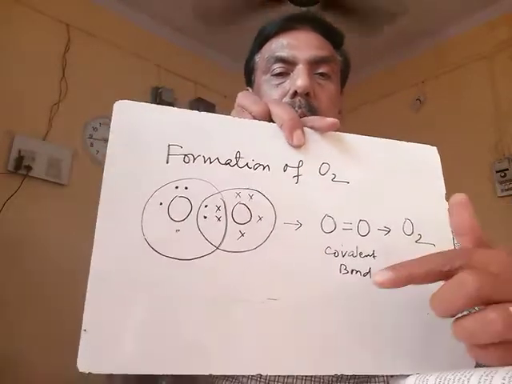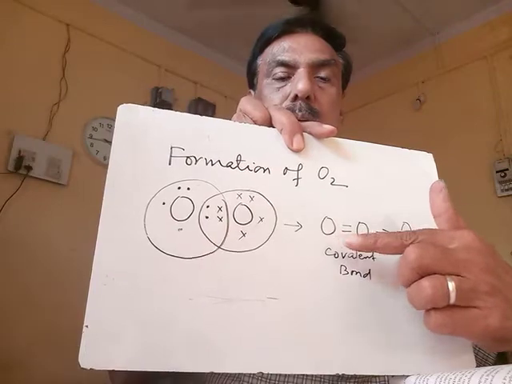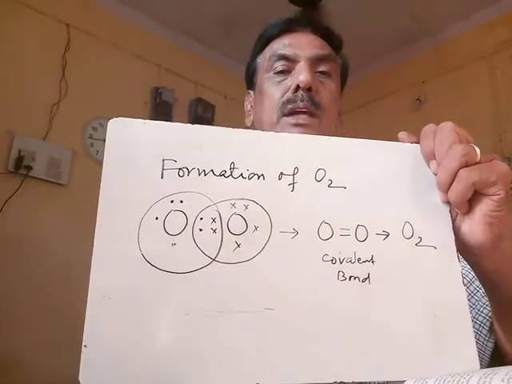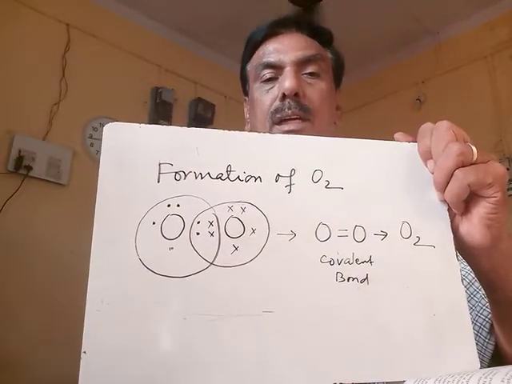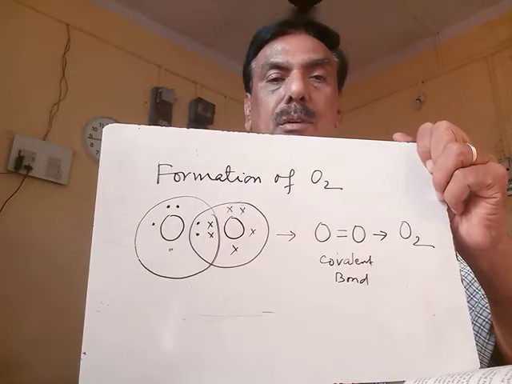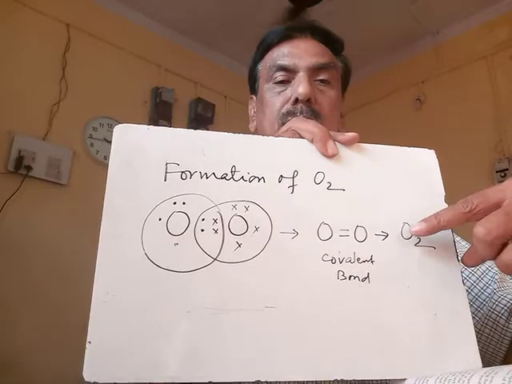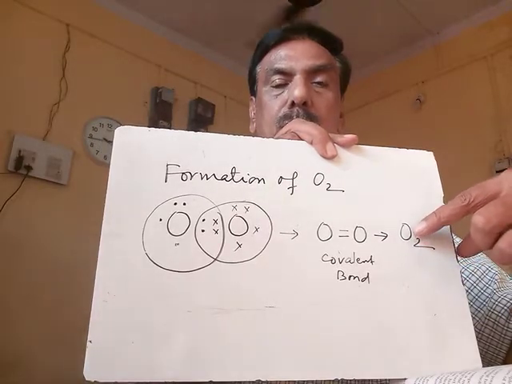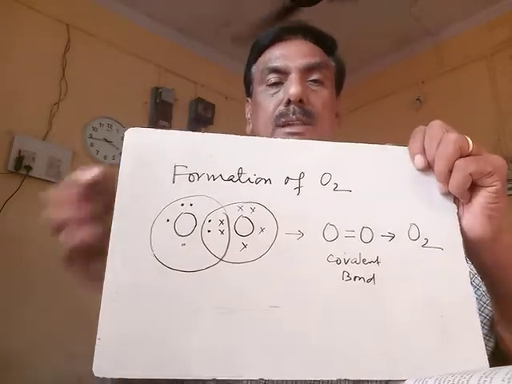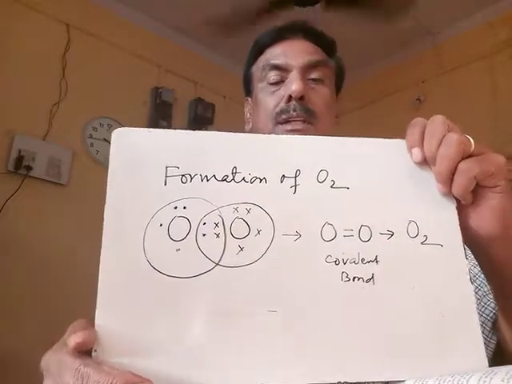Look at this, this is the double bond, O double bond O. Since two electrons are shared, a double bond is formed between oxygen and oxygen, and ultimately the compound formed is O2. So in the formation of oxygen, two electrons are shared, and that is why we have a double bond.